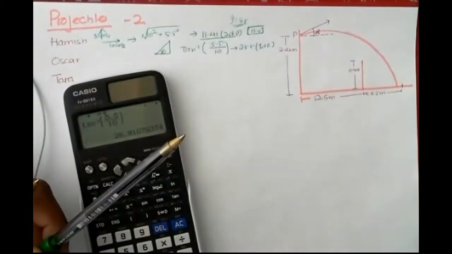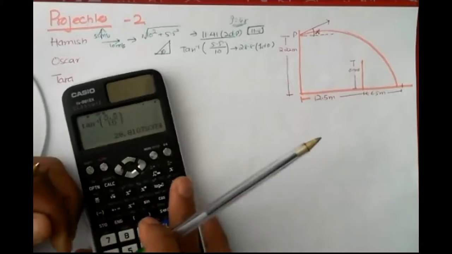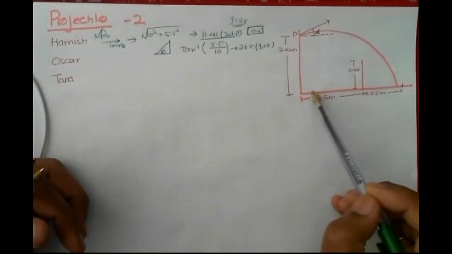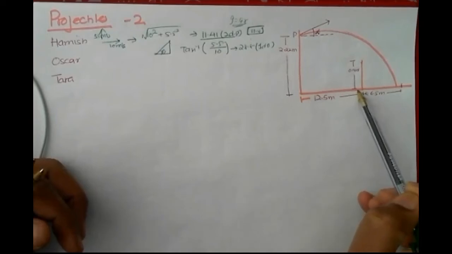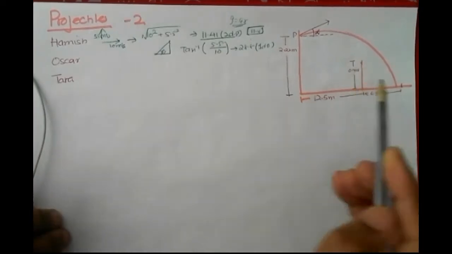Okay, right, guys. So the next question now, sharing screen again. It says, part 2, show that Hamish's serve passes over the net. What does that mean? We're going to make sure that when the ball has traveled 12.5 meters horizontally, its height is more than 0.995 meters.